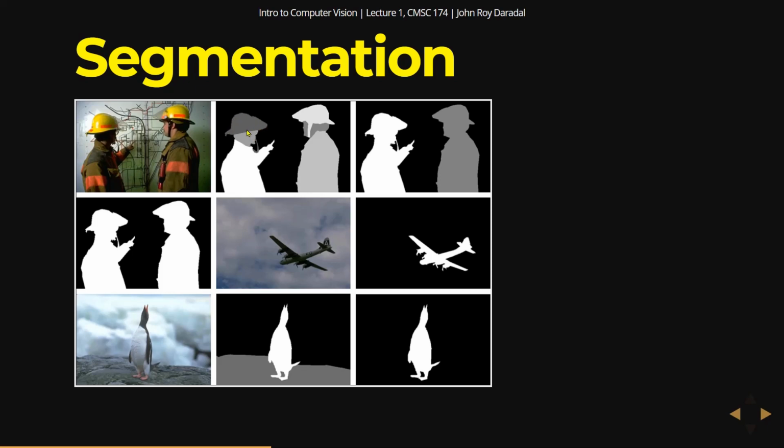So this is the hat, and then this is the head, and then this is the body, and then this one is different again. So different levels of segmentation depending on what you want and what you need in your application. But basically it's separating parts of an image from other parts.